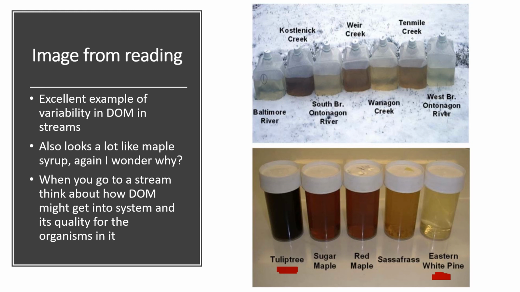Clearly, this person that collected all these in what's probably a single day did not go to, let's say, streams that were 20 hours apart. They didn't drive all over the world. They drove to a very narrow and small area, and then they sampled at a bunch of different spots. And so all of this occurred in a very small amount of area. These are the kind of things that organisms, even on small spatial scales, are going to deal with all the time.